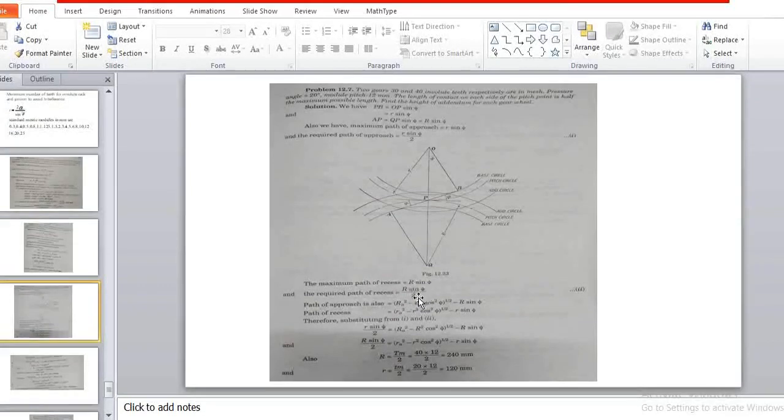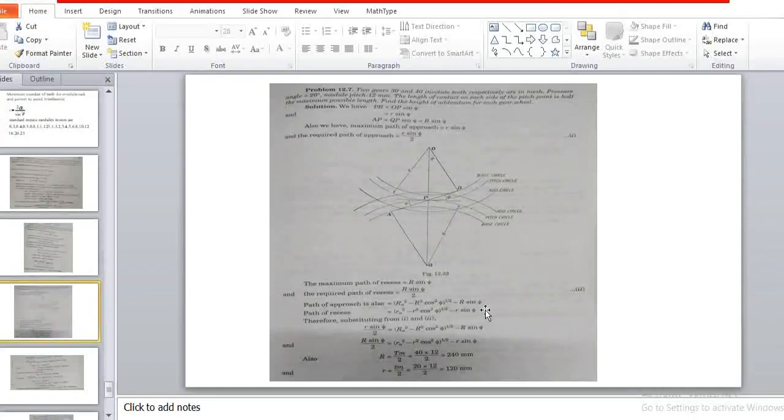So with this given condition, we can also write the path of approach as the square root of (capital R square minus capital R square cos square phi) minus R sin phi. The path of recess we can write as the square root of (small r square minus r square cos square phi) minus small r sin phi.